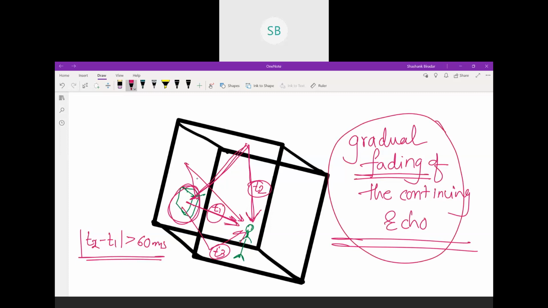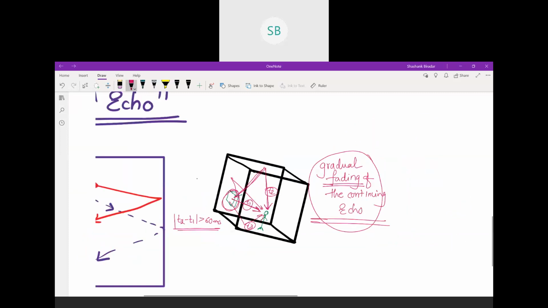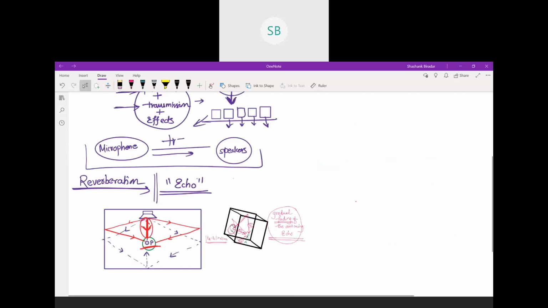Reverberation is not always an unwanted phenomenon. In some cases the reverberation is required also. We will see in which cases reverberation is required later on.